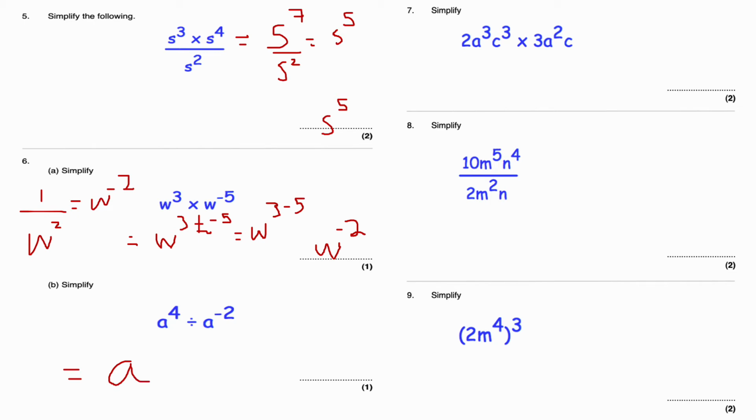Again, being very careful here, because I've got a negative there. So 4 take away negative 2. Taking away negative 2 is the same as adding 2. Those two minuses change the sign to a positive, so 4 plus 2, which is a to the power of 6.